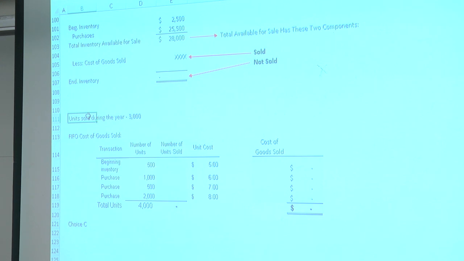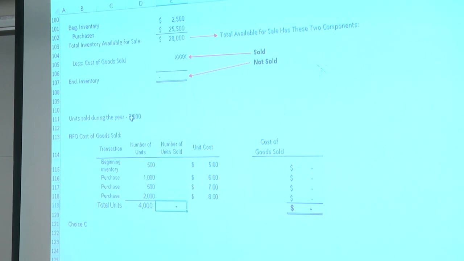Normally we would have a problem here. Because we're not using specific identification, we don't know which of the 3,000 units we sold, so we have to assign costs. Depending on whether we say that the units came out of this purchase or beginning inventory or this purchase is going to change the amount that we assign to cost of goods sold. First in, first out is one of the methods that we can use to do that.